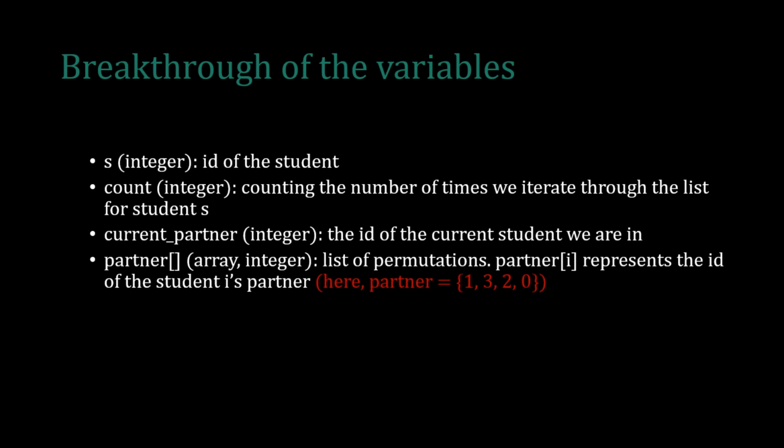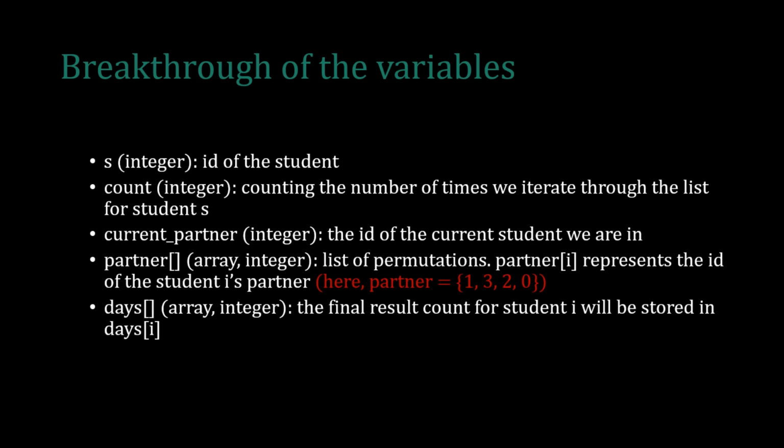Then we have partner, which is an array, a permutation. Partner I represents the ID of student I's partner. So here, for example, partner is 1, 3, 2, 0. Partner 0, for example, is 1. Partner 2 is 2. Partner 3 is 0.